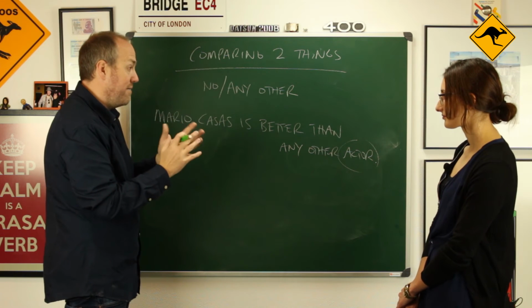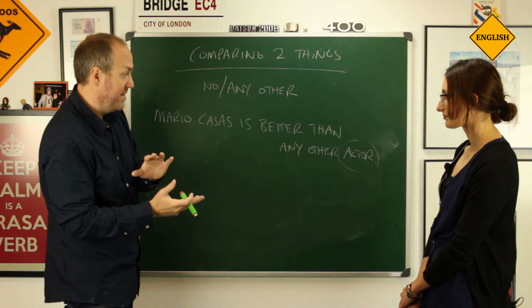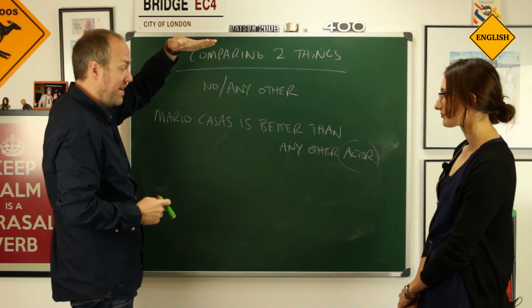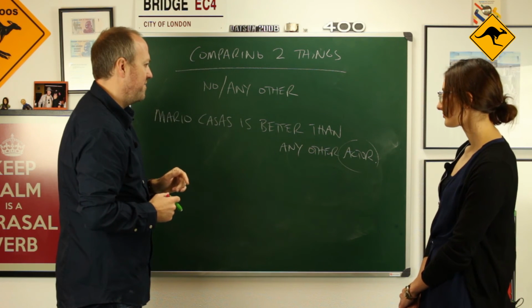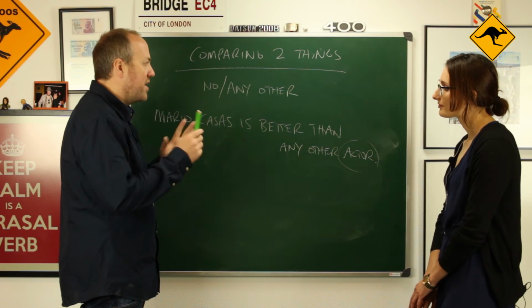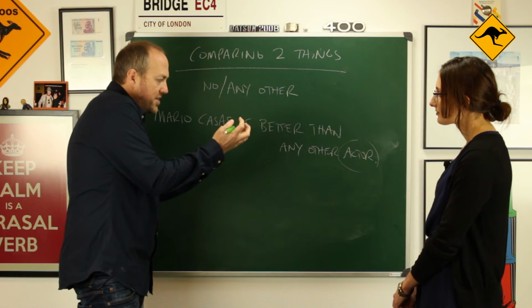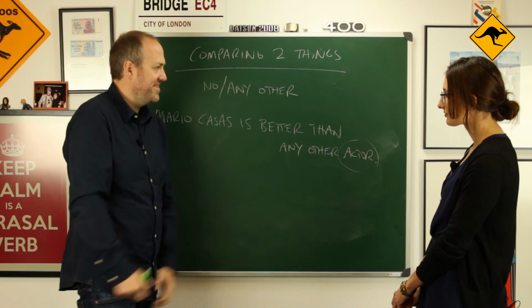So it's similar to the superlative, because we're saying he's the top of the category, but we're using this construction. This construction is different. Now let's look at when we are comparing two qualities, but of one thing.